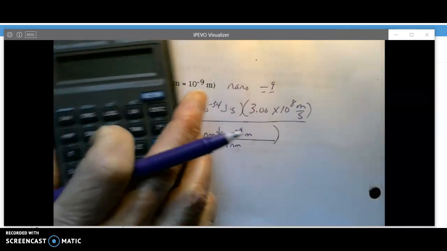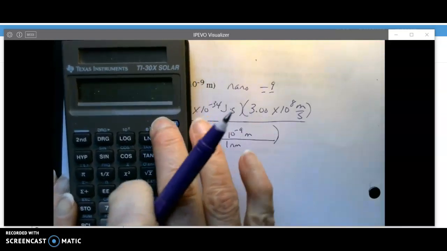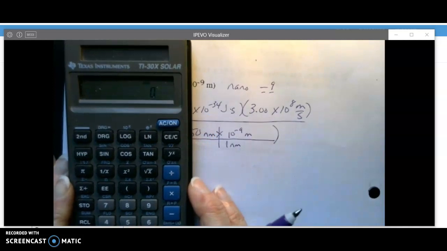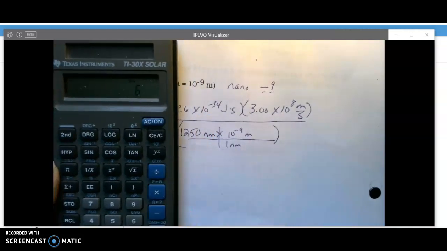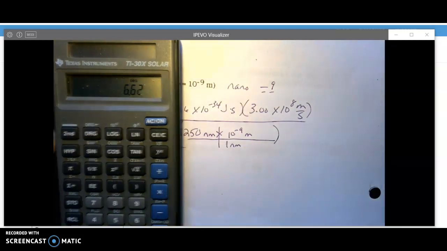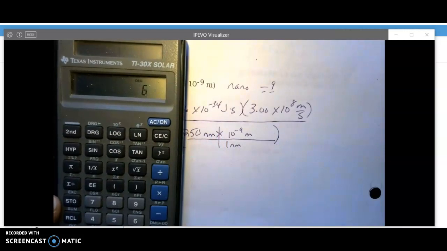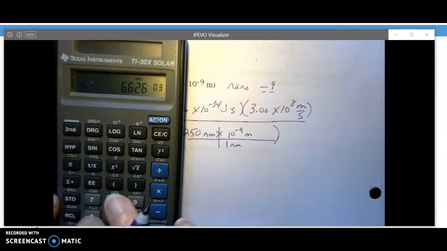So when I go to enter this into my calculator, I am going to have 6.626 EE negative 34.